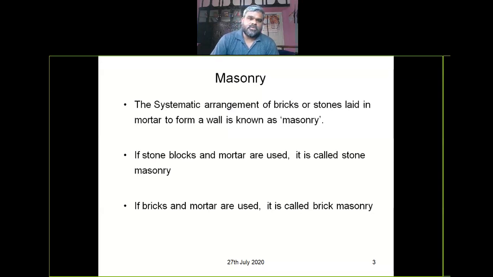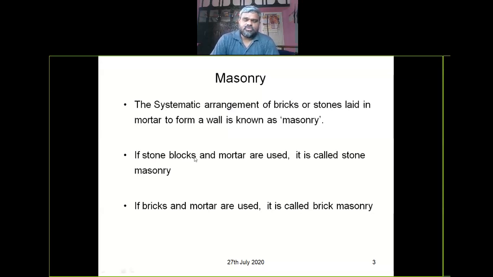So masonry means the systematic arrangement of bricks or stones along with mortar. If masonry is constructed with stone blocks, it is stone masonry. If it is constructed with bricks, it is brick masonry.